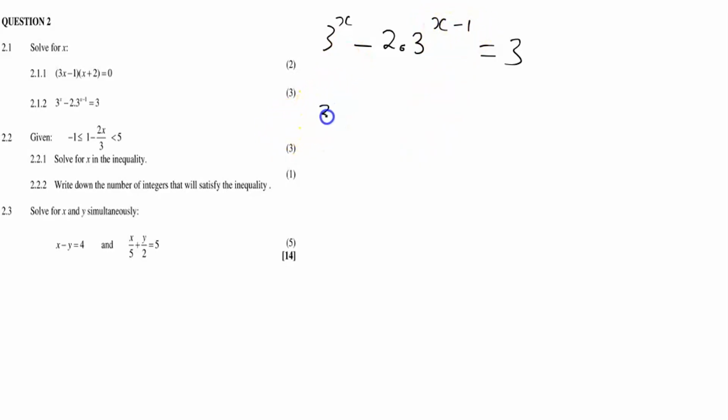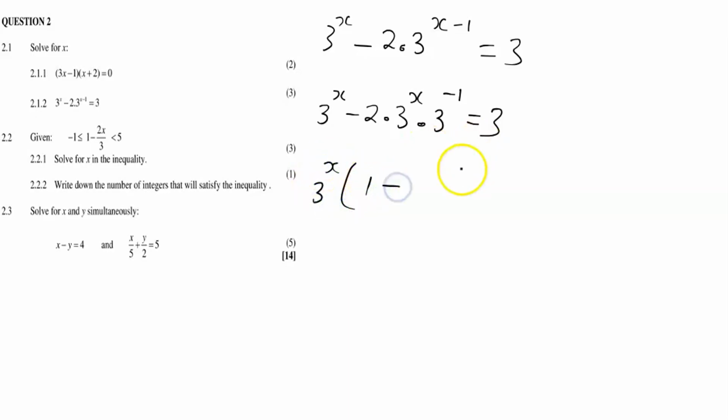So it's 3 power x minus 2 times 3 power x times 3 power negative 1 is equal to 3. And then between this term and this term, you've got 3 power x as a common factor, so you just take it out. 3 power x, here you are left with 1 minus, here you will be left with 2 times 1 over 3, which is the same as 3 power negative 1.